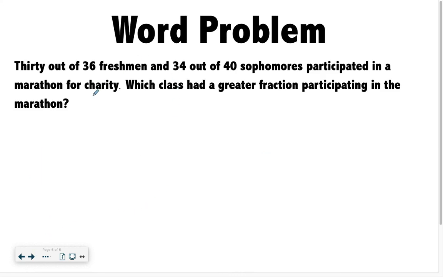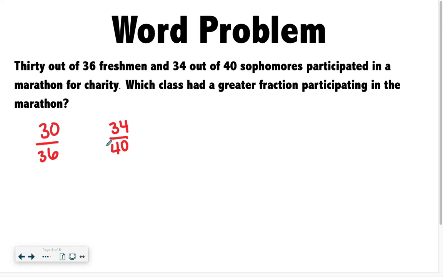Now let's talk about a word problem. 30 out of 36 freshmen, that's how you would write it as a fraction, and 34 out of 40 sophomores participated in a marathon for charity. Which class had a greater fraction participating in the marathon? So if we look, we have to figure out which fraction is bigger.